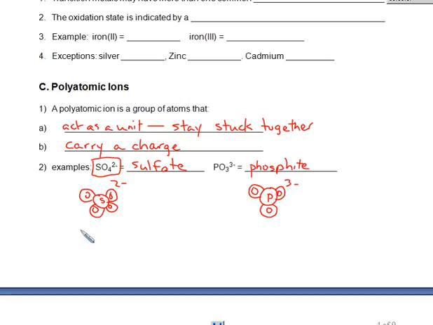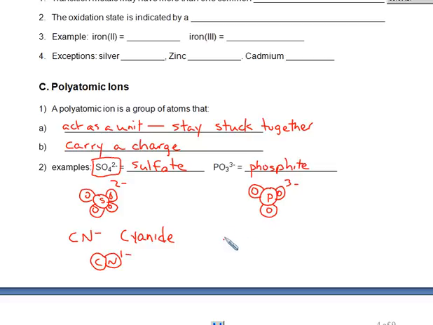A couple of others, you've got cyanide. That looks like a carbon atom stuck to a nitrogen atom. So they're bonded together, they're not going to come apart. And that has a 1- charge.